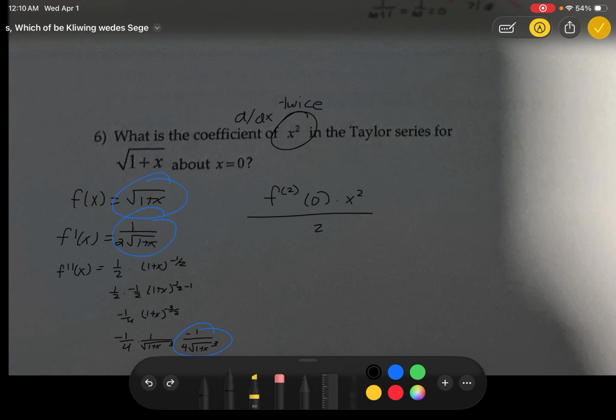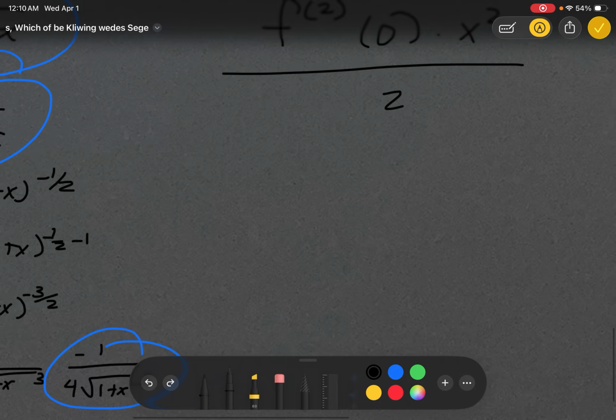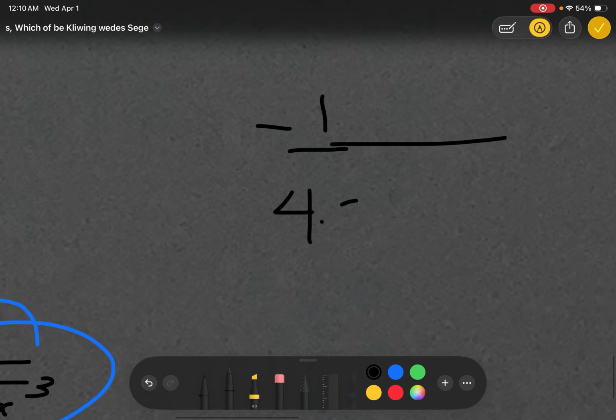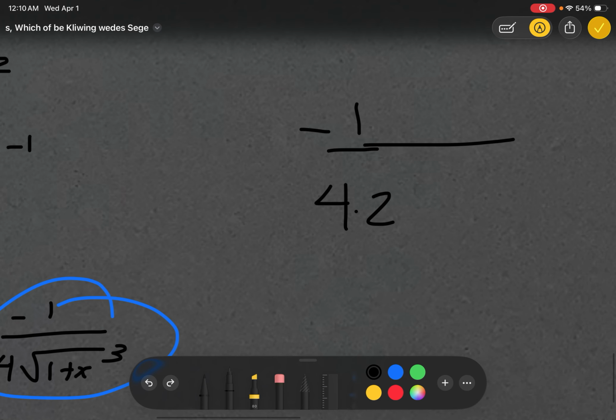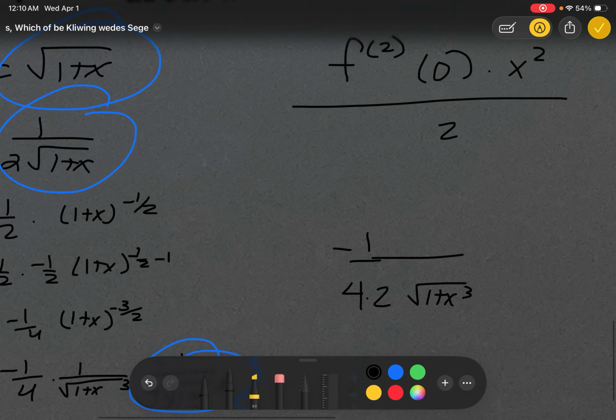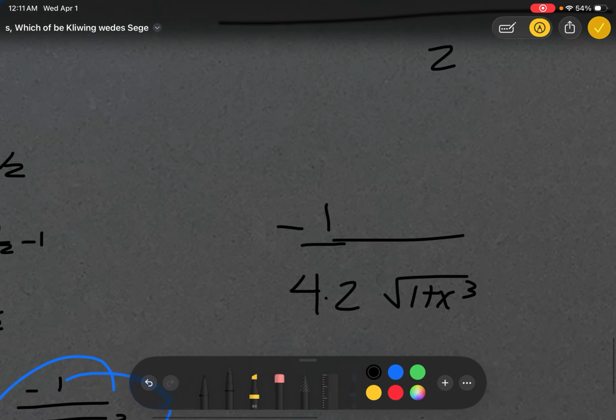So for x squared, this is going to be equal to negative 1/4 times 2, because of this, we're going to multiply that, root 1 plus x cubed. And I think we're going to leave that x squared alone.